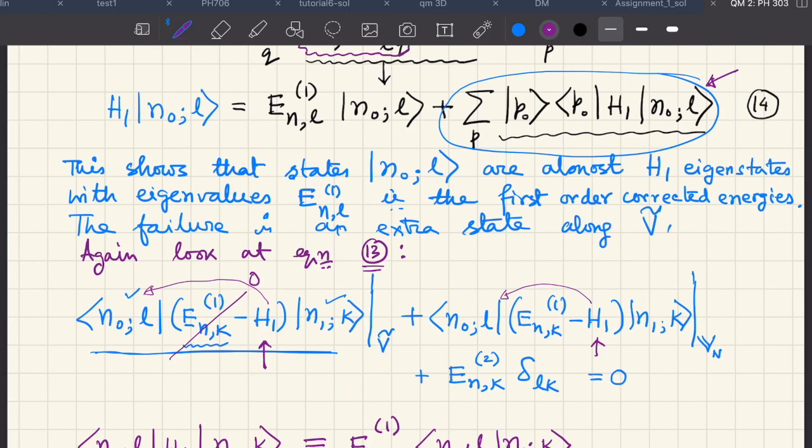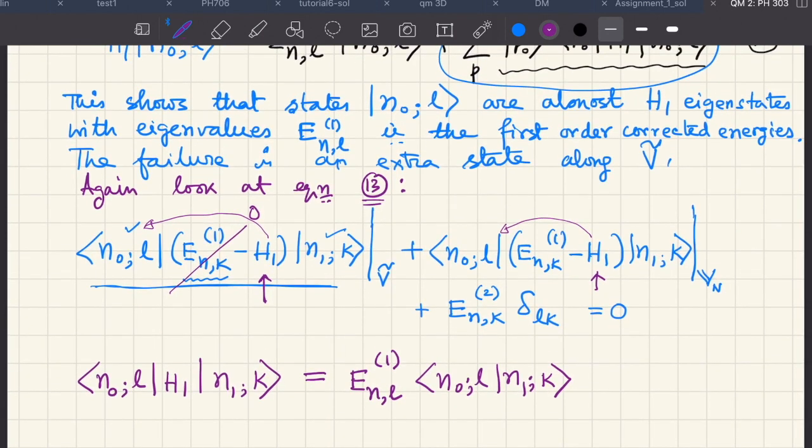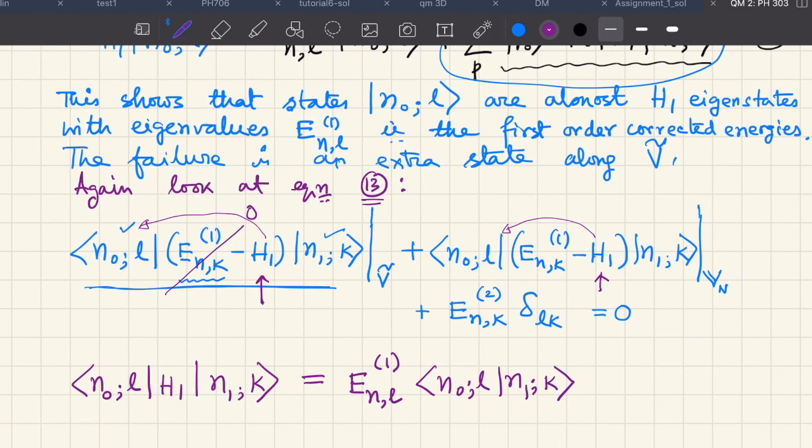So let me again look at this carefully. We have ⟨n0L|H1|n1K⟩. So I will just look at this Vn term.